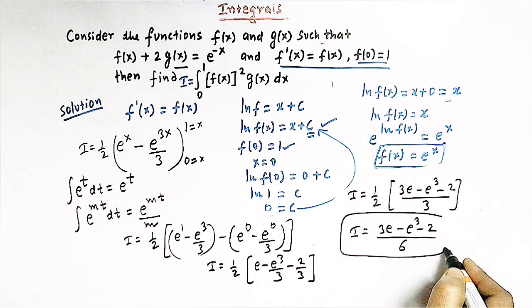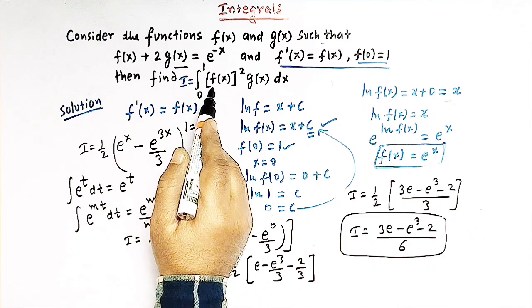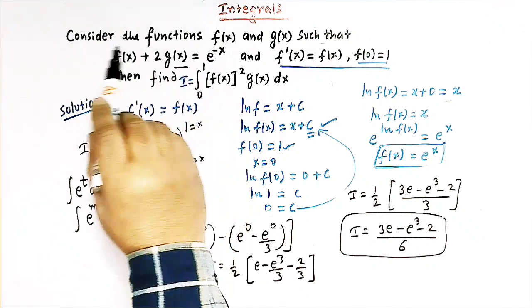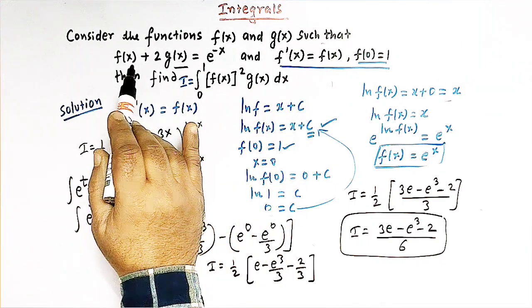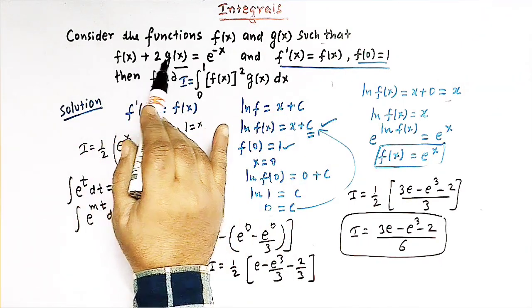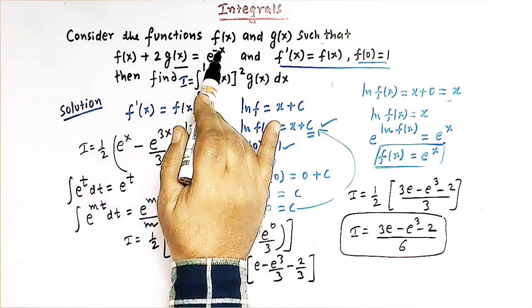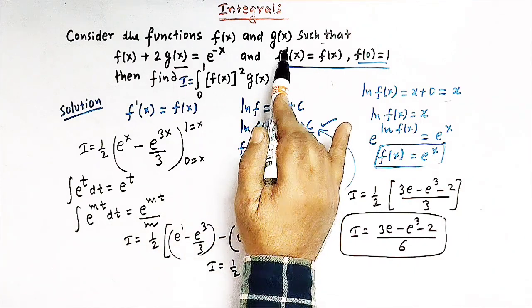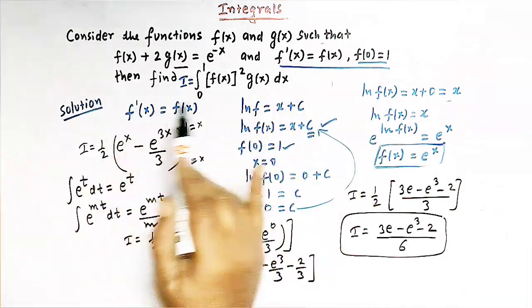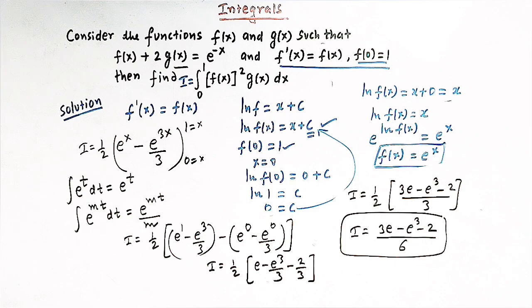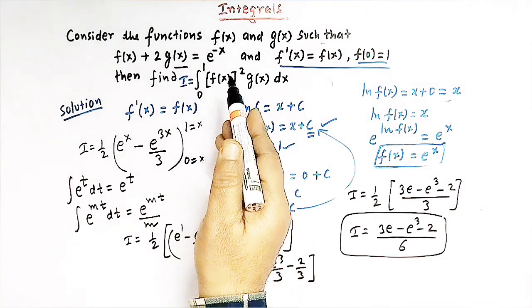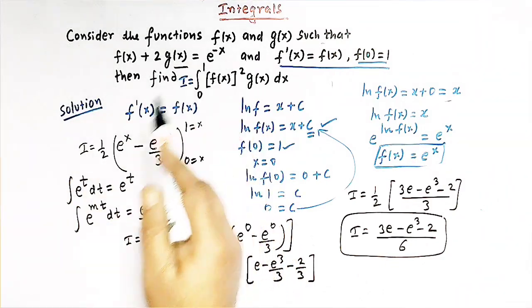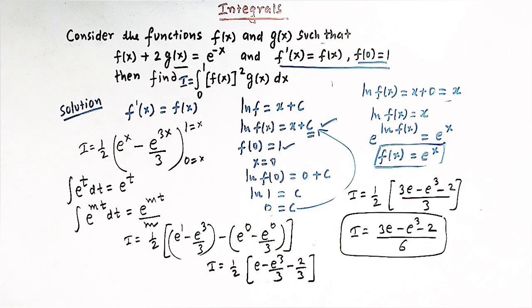So this is the required value of this integral I when we are given two functions f of x and g of x, such that f of x plus 2 times g of x is equal to e raised to minus x, and f prime of x is equal to f of x, and f of 0 is equal to 1. So this is how, by making use of these concepts, we can easily solve these kinds of problems.